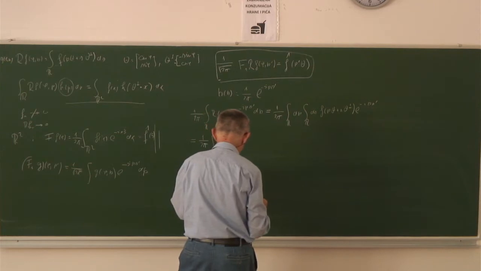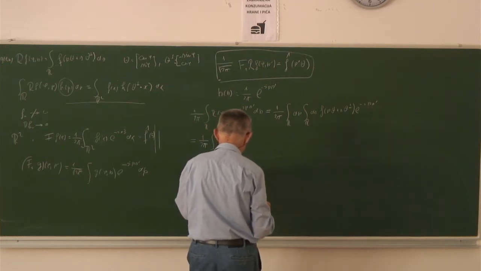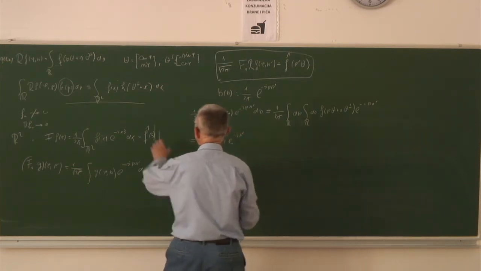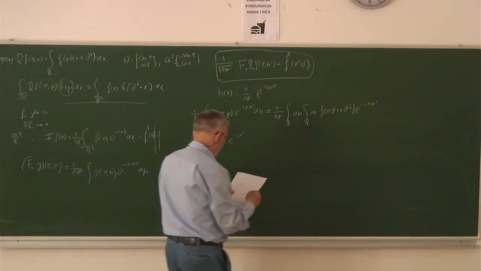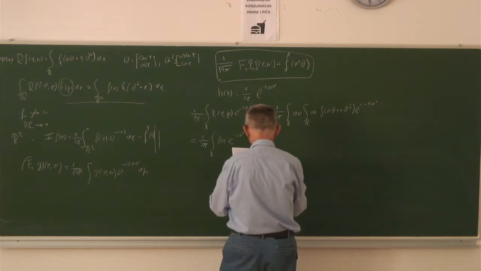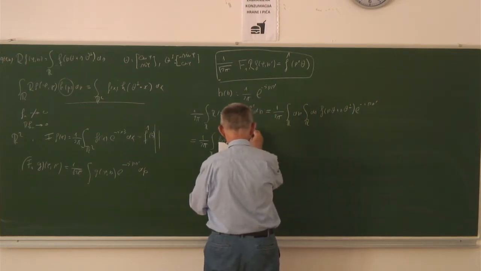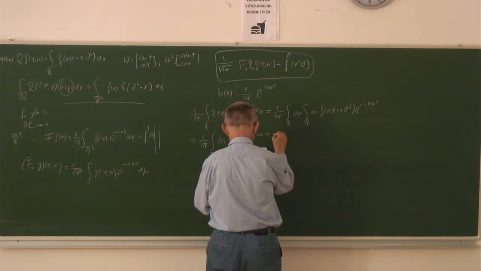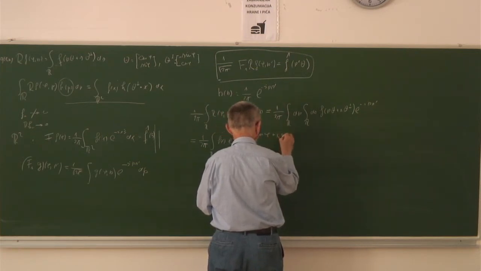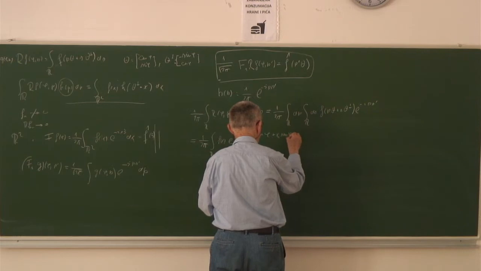Now I have to substitute this scalar product, that means x1 cos phi plus x2 sin phi.